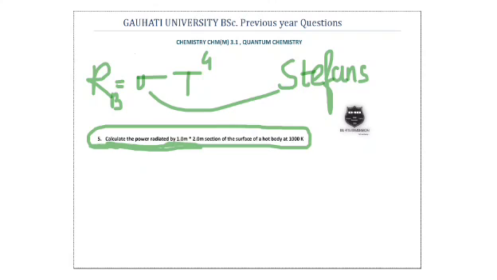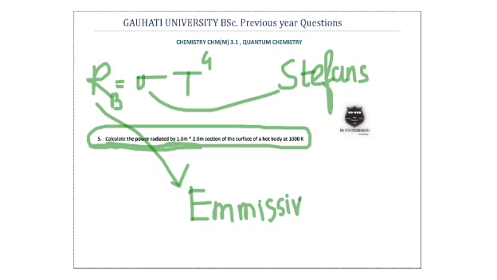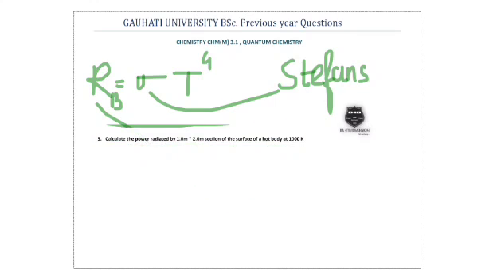So RB is equal to emissive power. If you have gone through this equation, I hope you can relate the question with it.